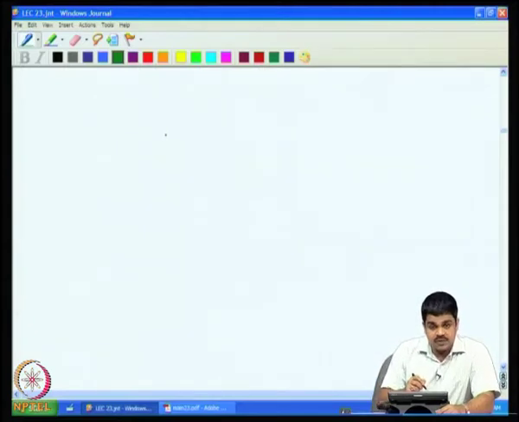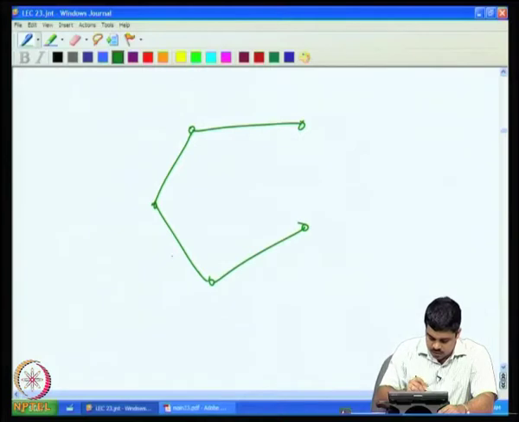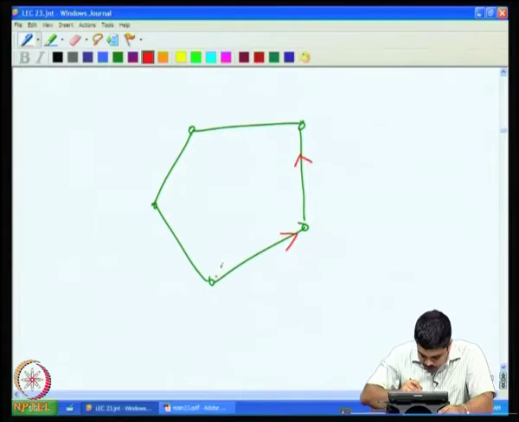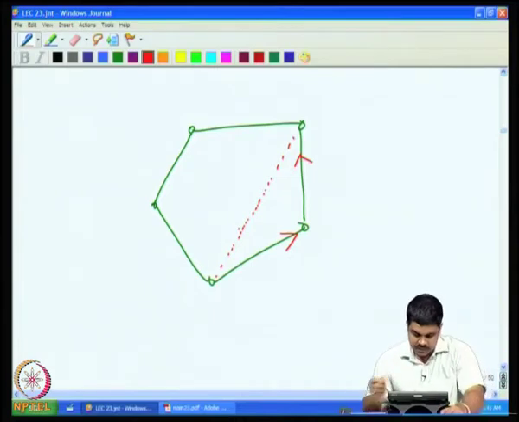For instance, sometimes we are forced to select the arrows in such a way that finally we will end up with a contradiction. For instance, suppose you look at this graph 1 2 3 4 5. Now, suppose I take this direction for this arrow. Naturally, as I mentioned, you cannot give this direction now, because look, this edge is not there.